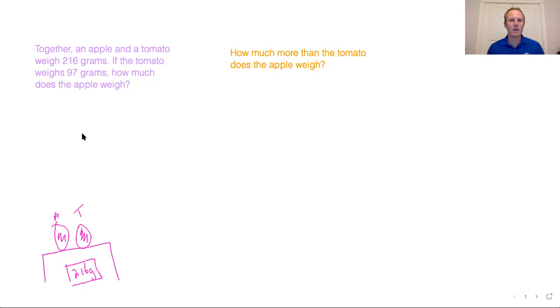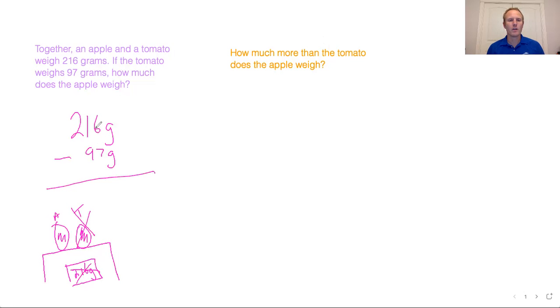Okay, so the way we can do that is find a difference. So we have 216 grams, that's our total, minus 97 grams. So that's like saying if we took off the tomato, we're going to figure out what the new weight is going to be.